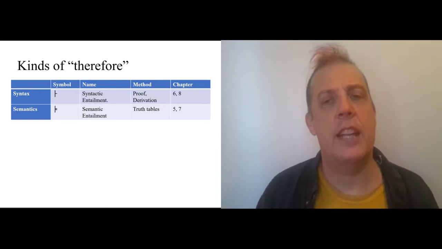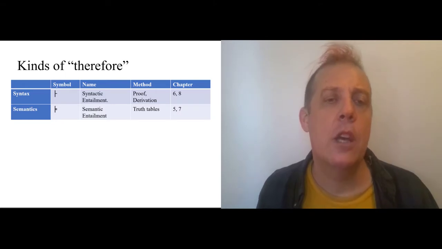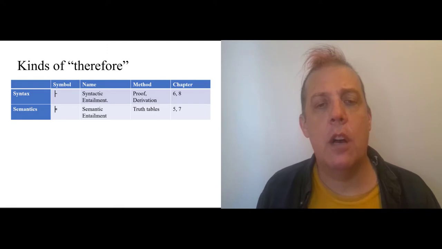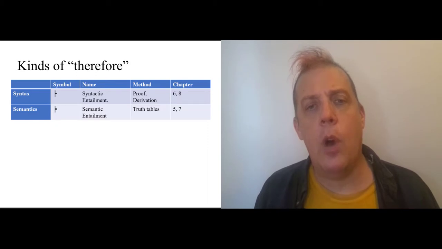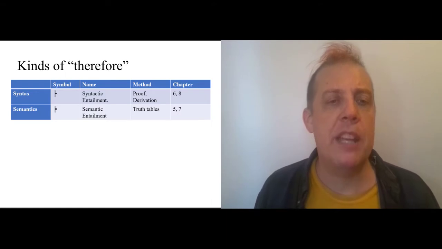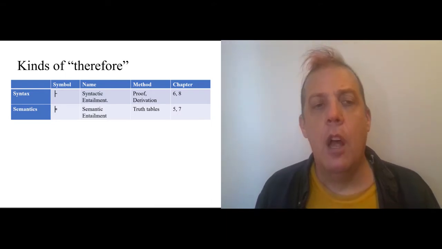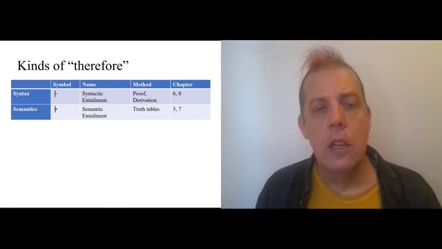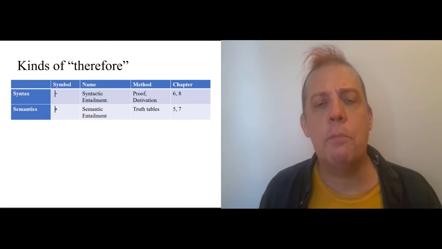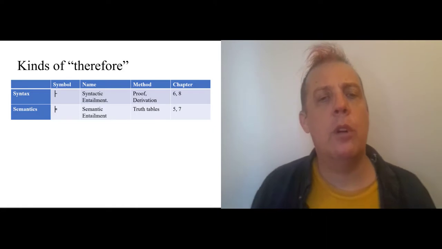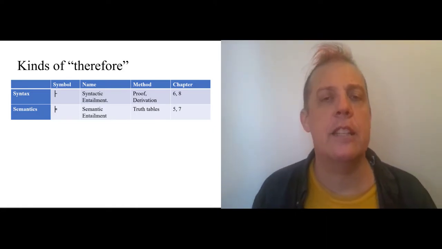We can understand it syntactically, or we can understand it semantically. If we understand the word therefore syntactically, what we're saying is a conclusion follows validly from a set of premises just based on rules of syntax. If we do it semantically, we say that the conclusion follows validly, and when we prove that, we've taken into account meaning. So we call these syntactic entailment and semantic entailment.